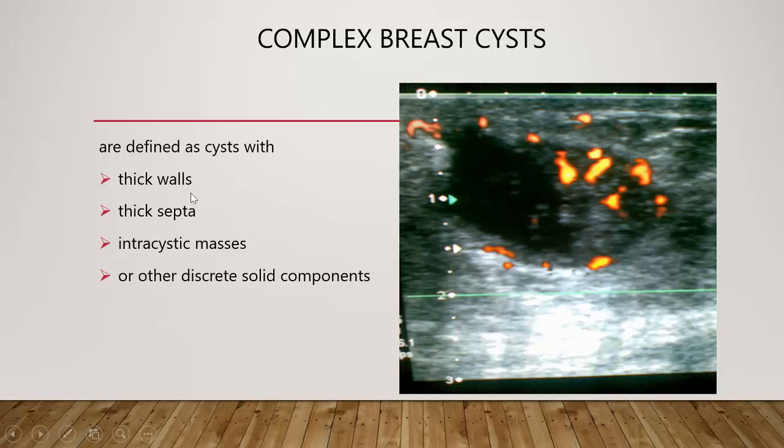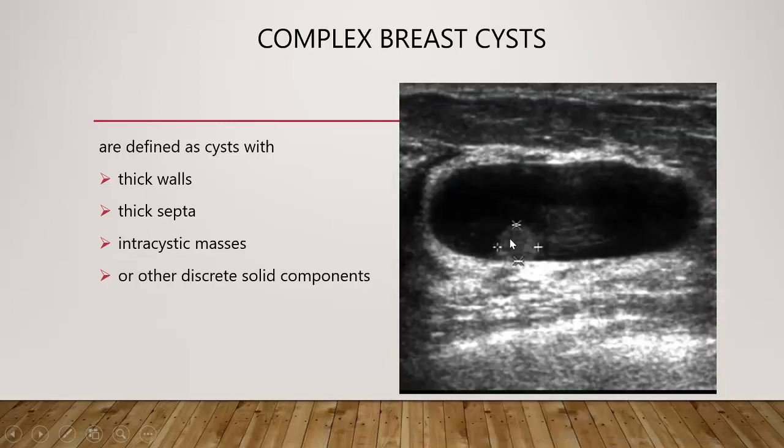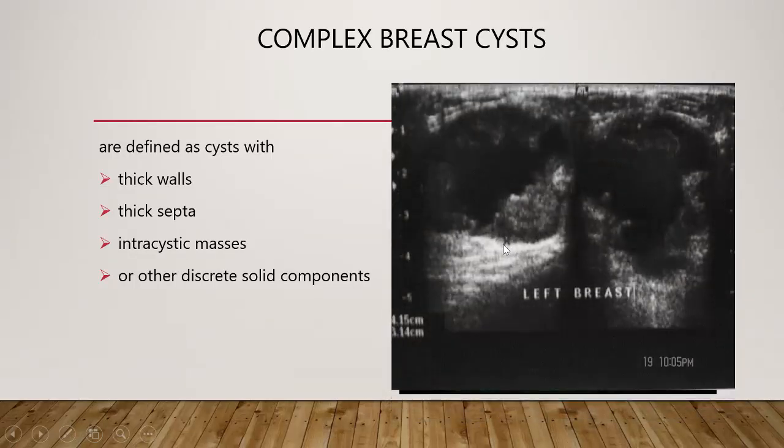Complex cysts have thick wall, thick septi, intracystic masses, or discrete solid component. Like that, there is a discrete solid component, you have to put Doppler. In this case, there was a vascular pedicle sign, so it is a polyp or papilloma, intracystic papilloma. Here this is a malignant abscess.